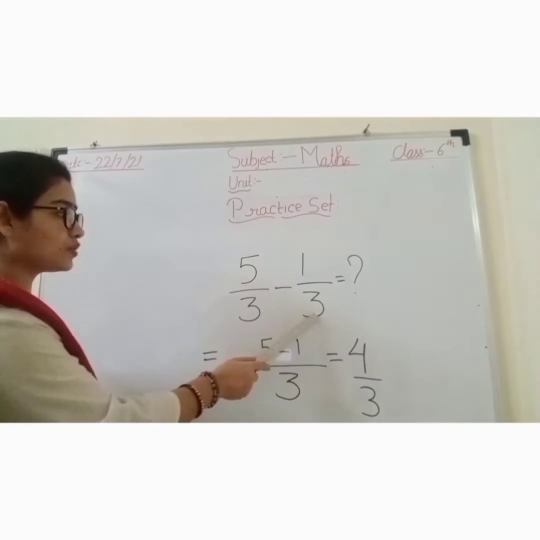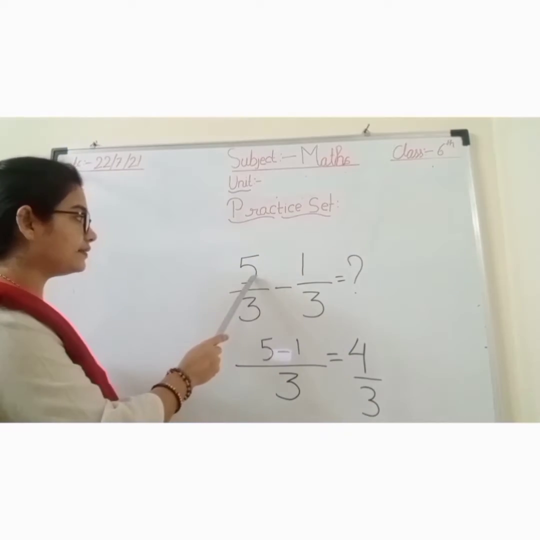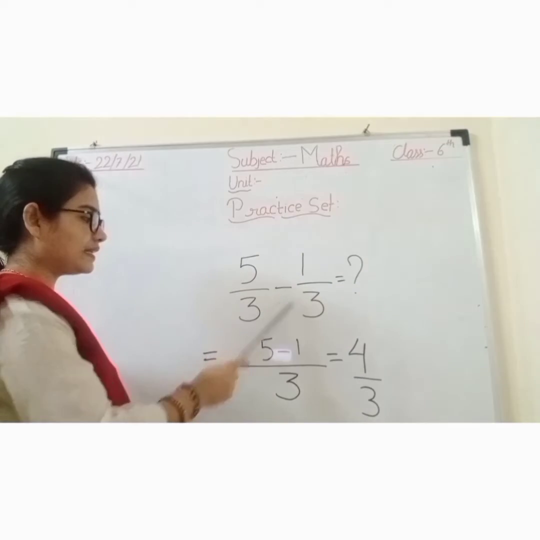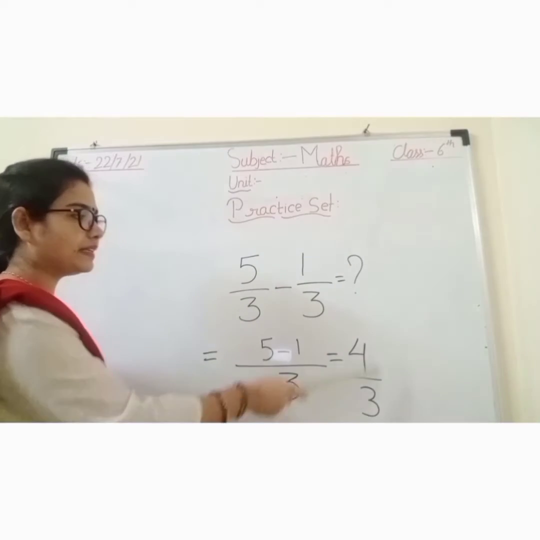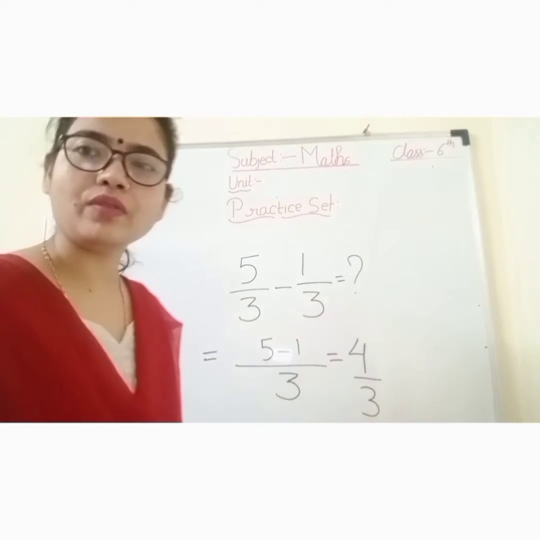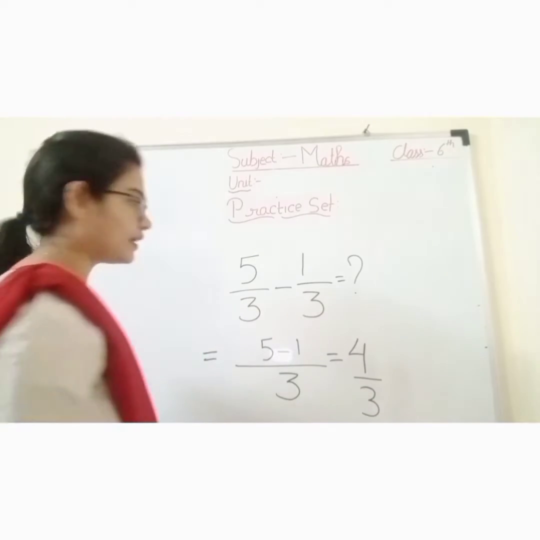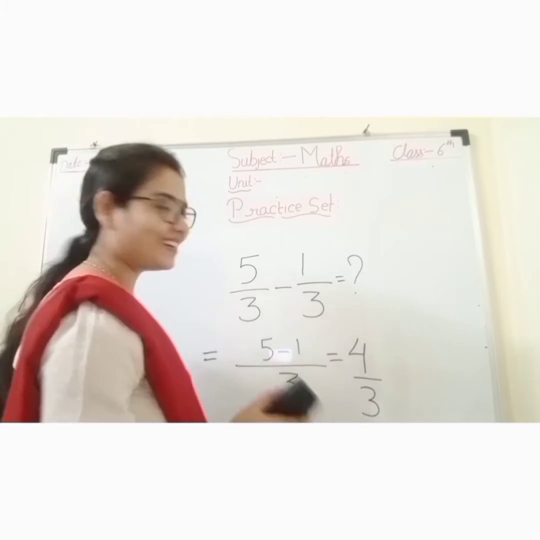The denominators are the same, so the LCM is the same, 3. I have written here 5, the minus sign, and this 1. So 5 minus 1 is 4. 4 divided by 3 is also a type of fraction. Okay, I think you have solved this, and I hope your answer is right.